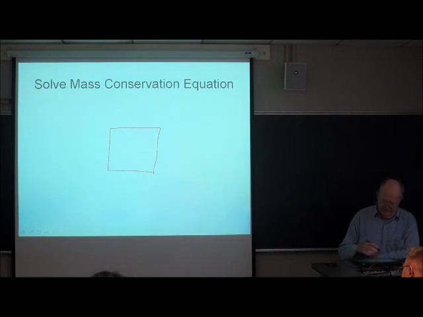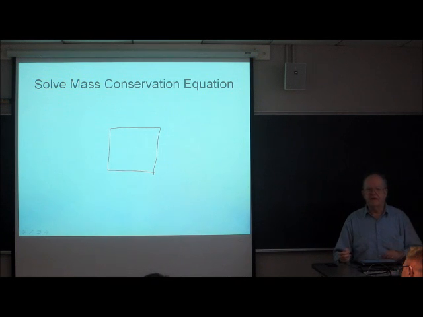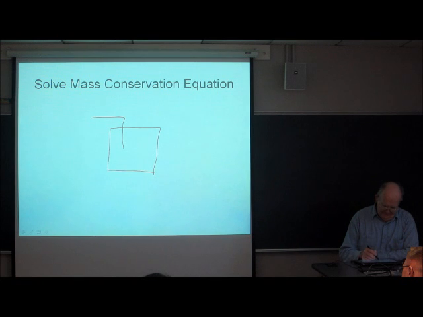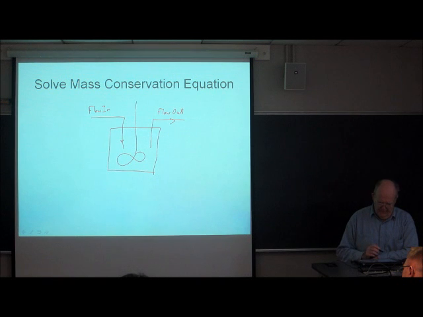Here's a cell, a volume. Think of it as a beaker. And you got flow in, and you got flow out. And you got some way to mix whatever's in there.